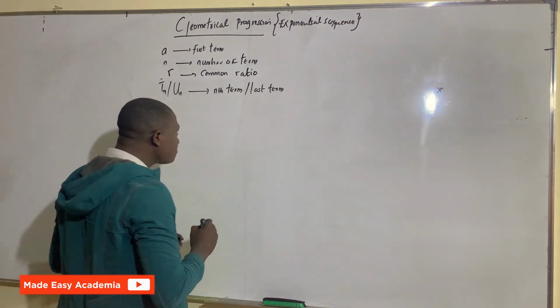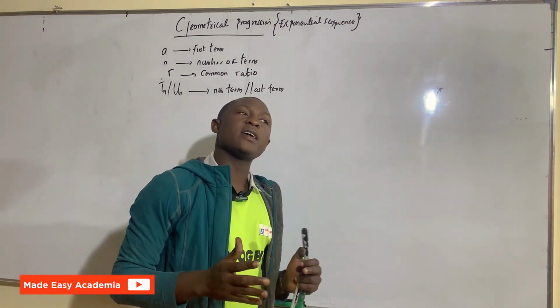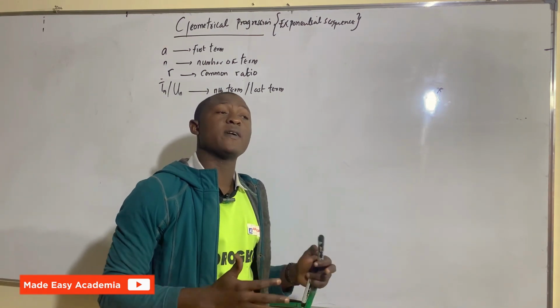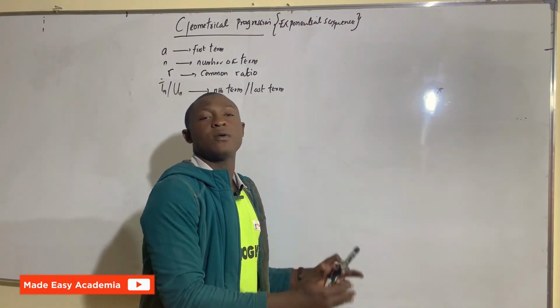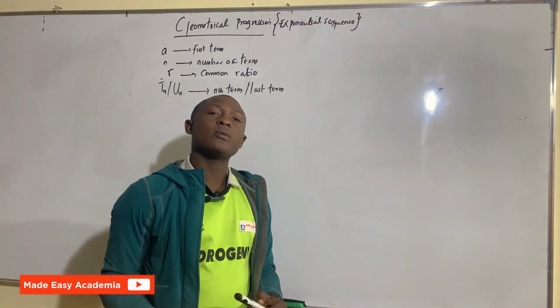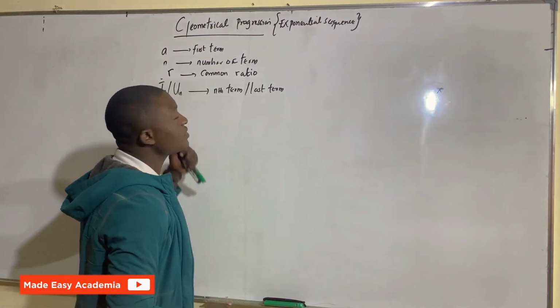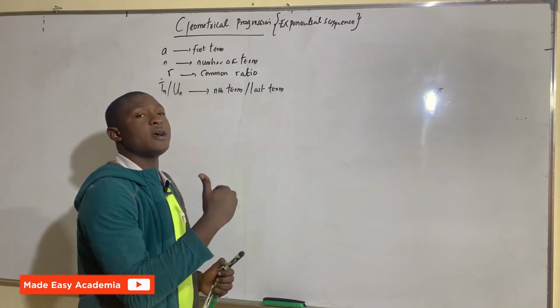If you recall, we can find the common difference by finding the difference between the second term and the first term, or the third term and the second term, or the fourth term and the third term. Similarly, here we are going to do something like that, but in the form of a ratio, in the form of division.